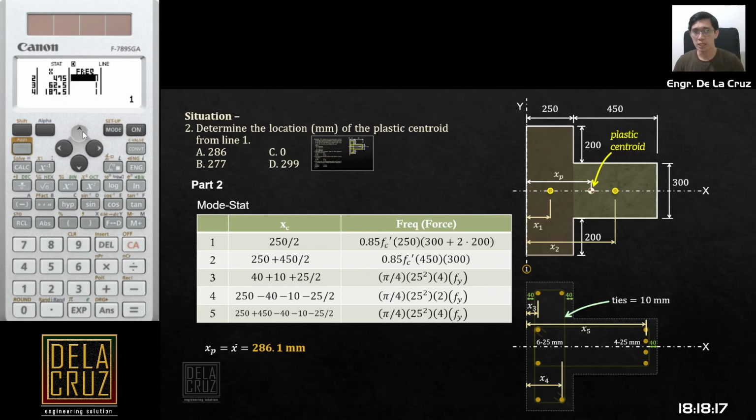And for the frequency, the area. So 0.85 Fc prime, which we stored in C, right? So I just recall C. There is our 0.85 Fc prime. Then we multiply it by the area, so times 250 times 300, plus 200.